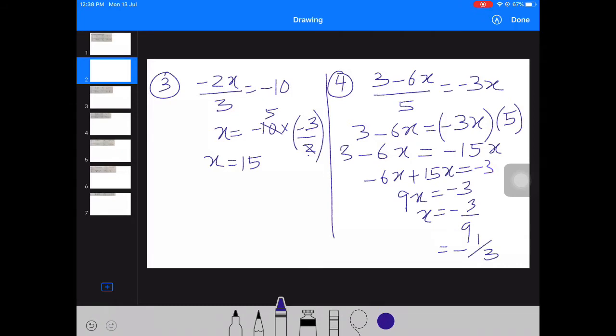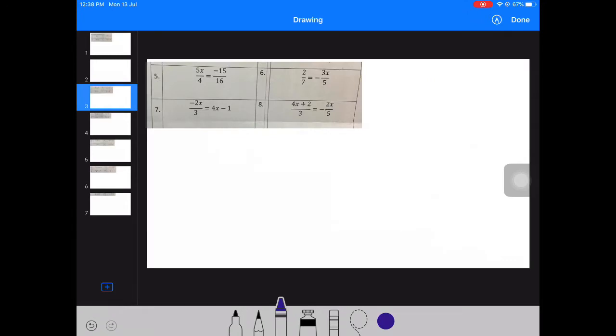Okay. Number 5. We have 5x over 4 equals negative 15 over 16.